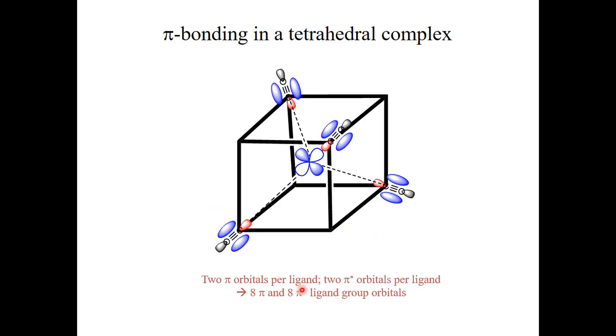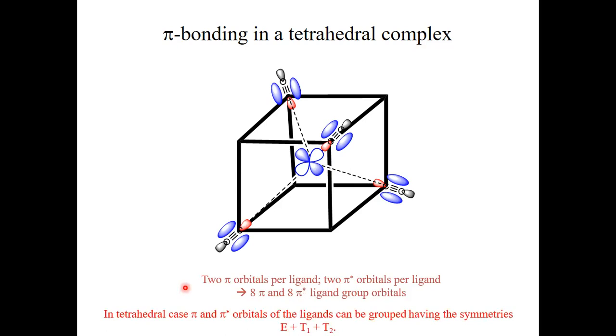And our task would now be to determine their symmetry types, and we can do this using the symmetry adapted linear combination of atomic orbitals method. So we would again have to use the orbital swapping method and then apply the reduction formula in order to get the symmetry types. So what would be these symmetry types in this case?